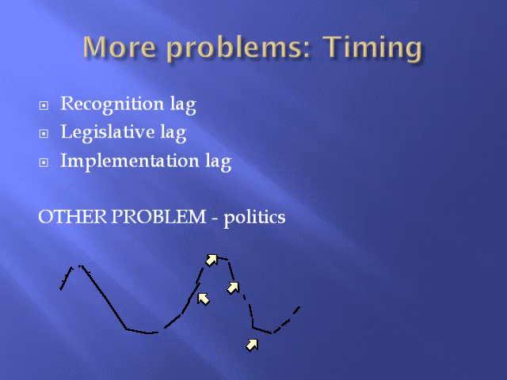Well, policy is written in response to where you are in the business cycle. And what's going on as these ups and downs occur in the business cycle is that time moves on. So if you realize you're in a recession, somewhere in this area right here, where that X is, you say, well, we've got to do something about this.